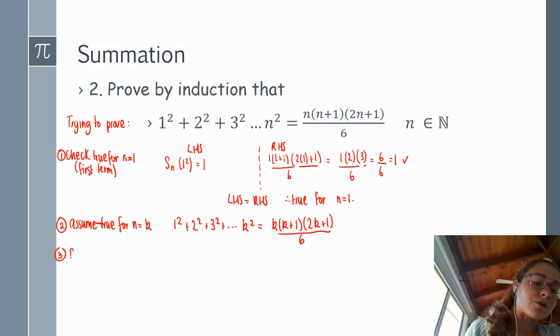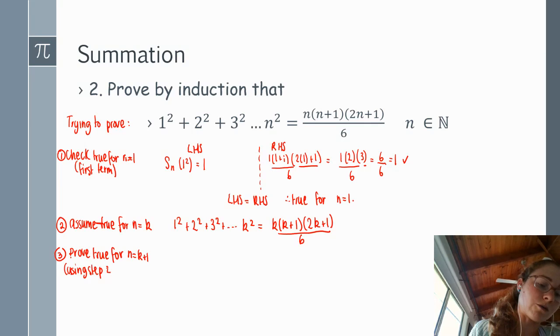We're going to prove true for the k plus 1 term, so n equals k plus 1, and we always use step 2 here to help us. So let's have a look. What would the left-hand side and the right-hand side look like if we add an extra term to the left-hand side?